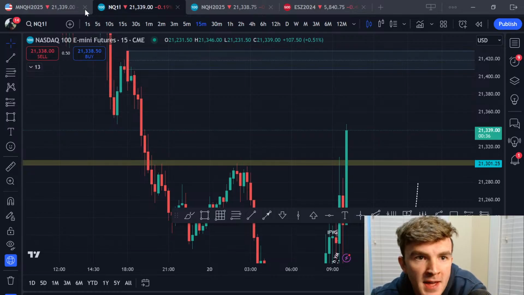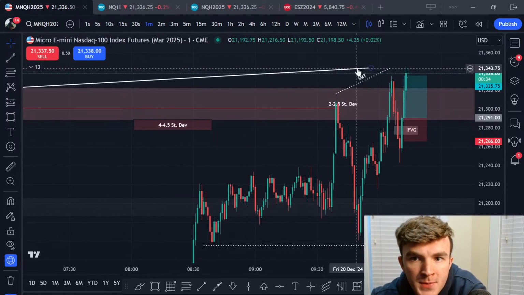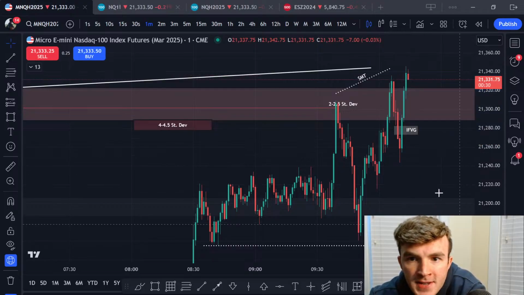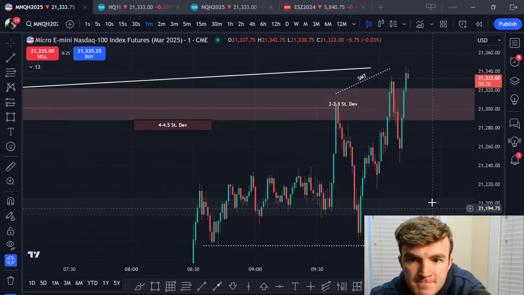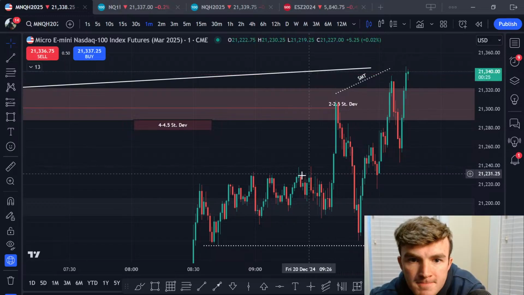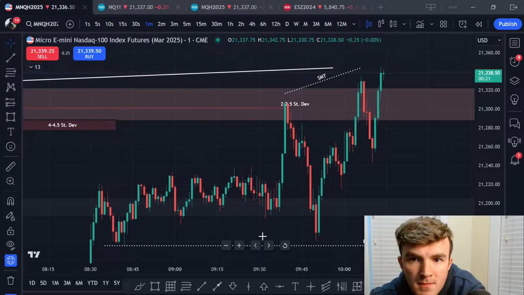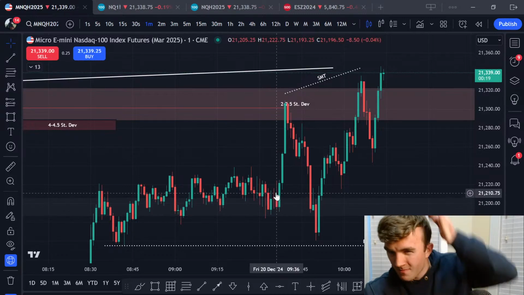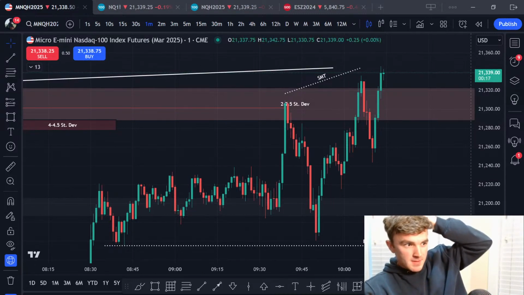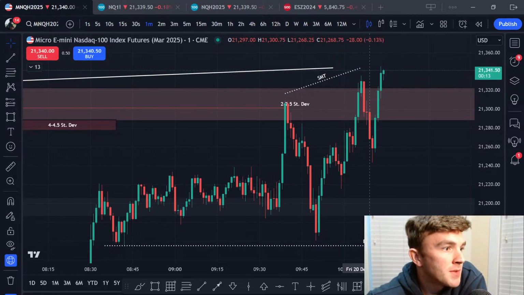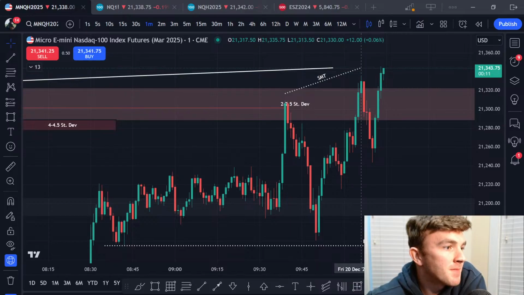Okay, going back down to that 1 minute. So we tapped that 15 minute fair value gap. This trade did hit. We no longer have SMT anymore.